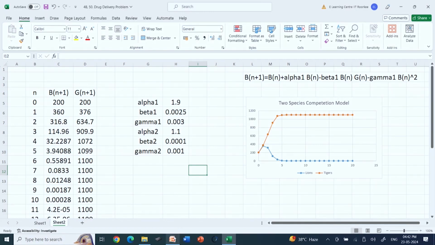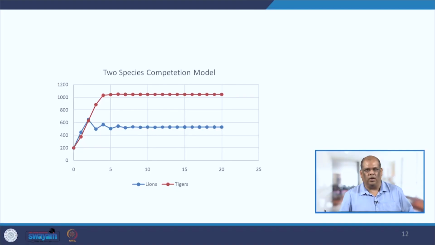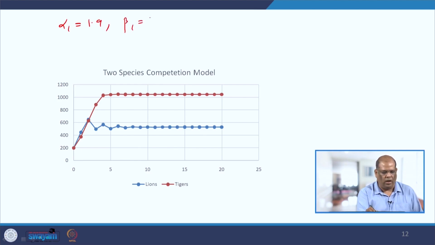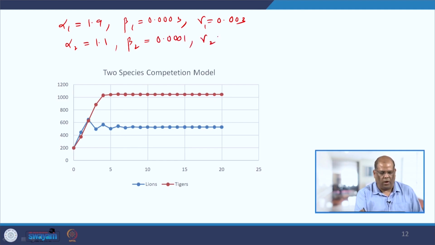Let's now go back to our slides. We now look into the numerical solution that we just generated, and here the value of alpha 1 is 1.9, beta 1 is 0.0003, gamma 1 is 0.003, alpha 2 is 1.1, beta 2 is 0.0001, and gamma 2 is 0.001.